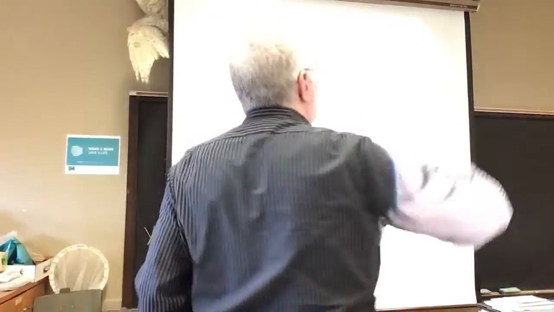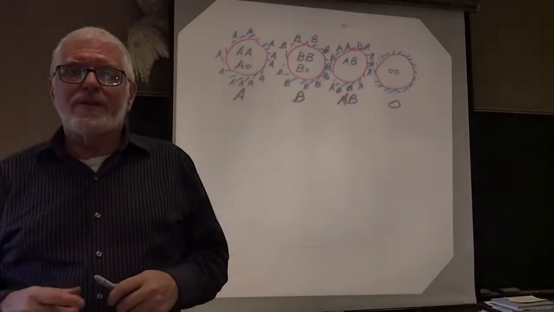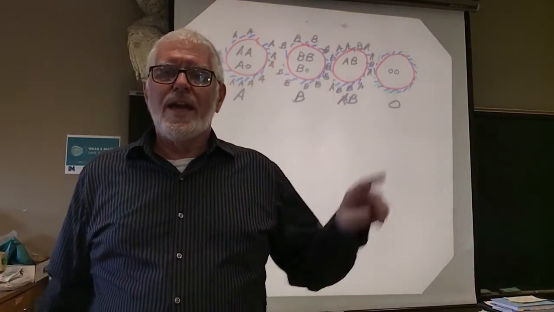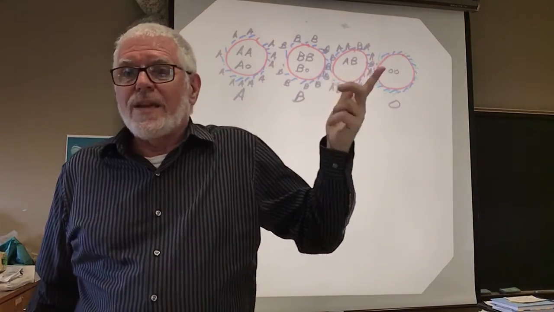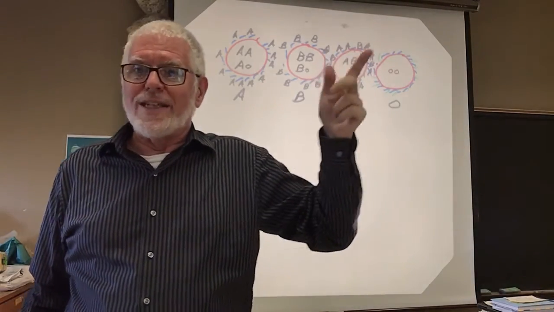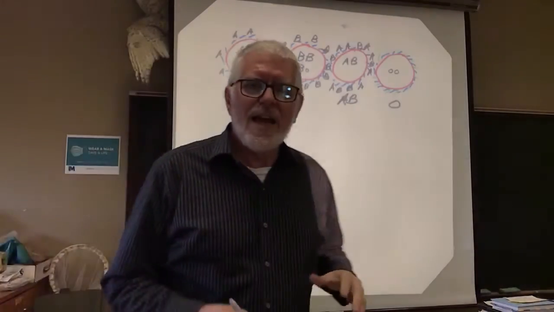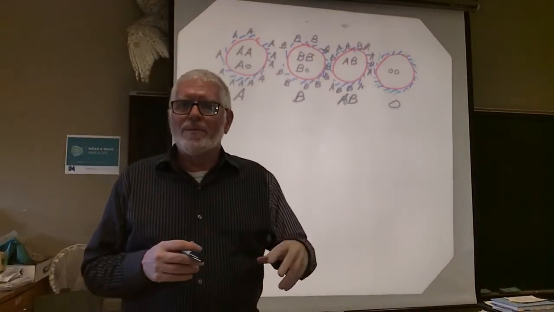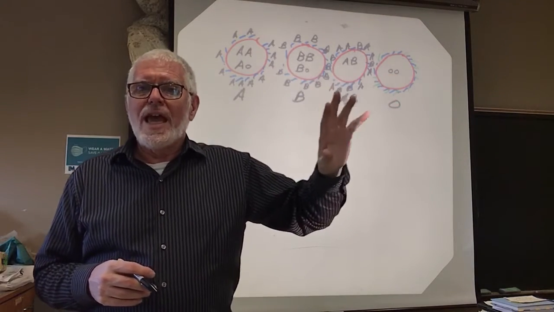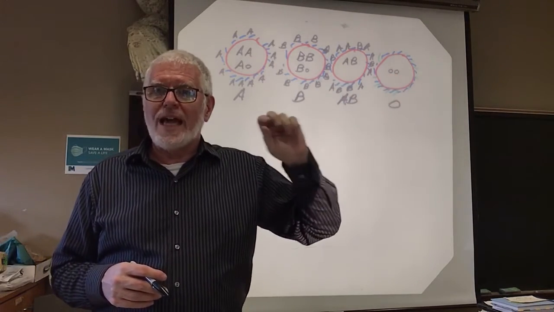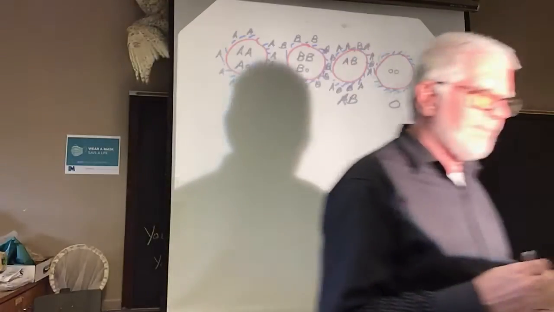So this is Rh positive, because there's markers there. This is Rh negative, because there's no little green lines on it. There's no Rh markers. Now, the way that we do the lab, we represent the ABO alleles with letters, and we represent the Rh alleles as positives and negatives.